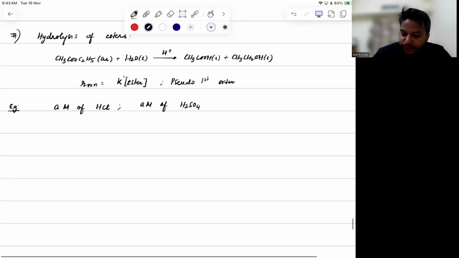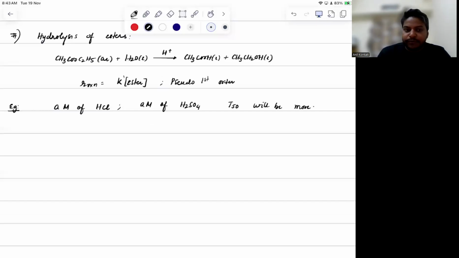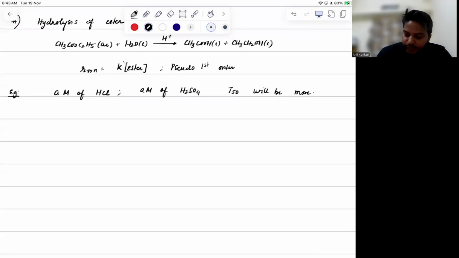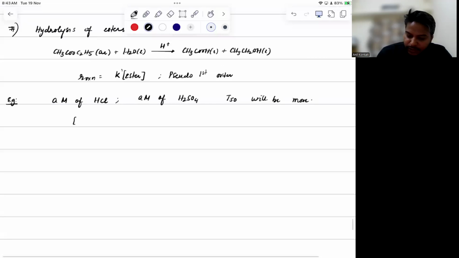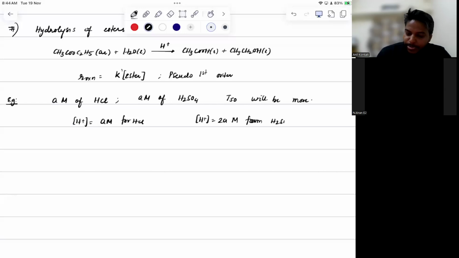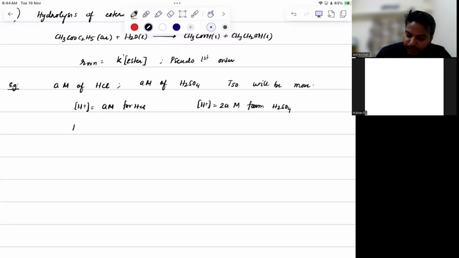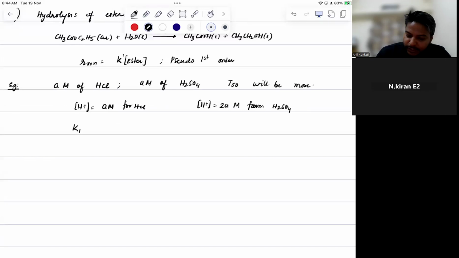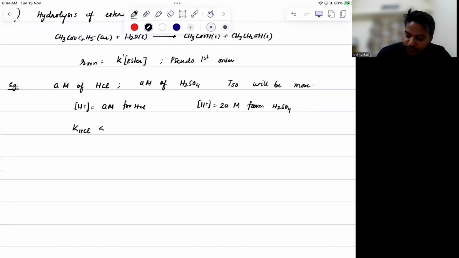And it has been asked in which case T50 will be more. You notice the H plus concentration is A molar from HCl, and here H plus concentration is 2A molar from H2SO4. Got it? Keeping that in mind, I can say the rate constant of HCl has to be less than the rate constant of H2SO4.